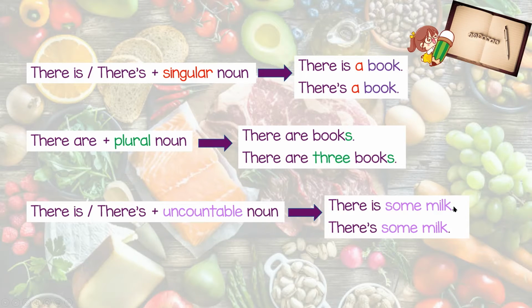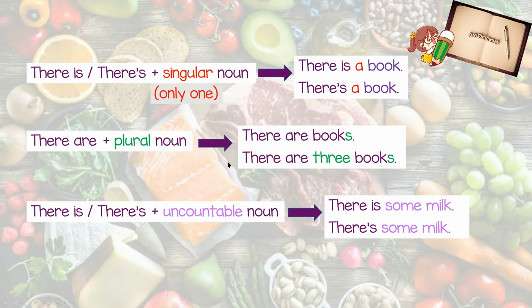That is why there is no s behind the milk. And we use there is instead of there are. 不能数的名词，我们就把它当成一个，所以我们用 there is 跟 there's。然后呢，名词的后面也是没有放 s 的。So let's recap.